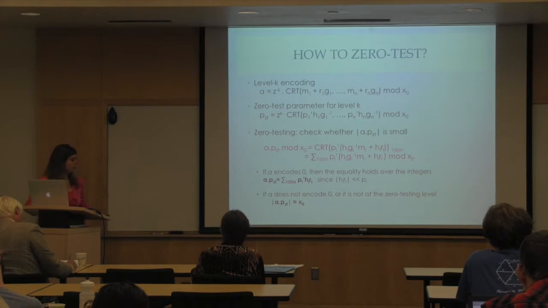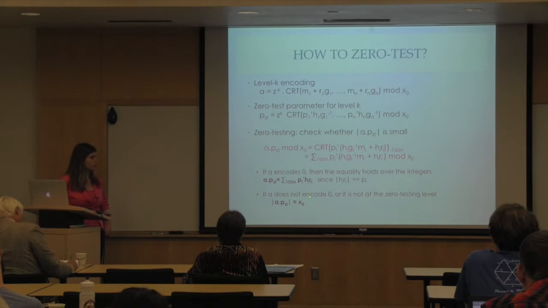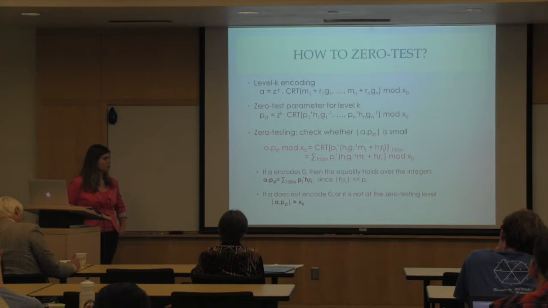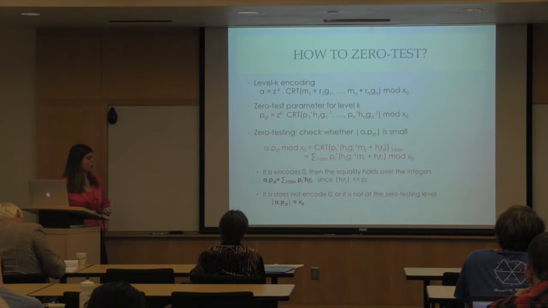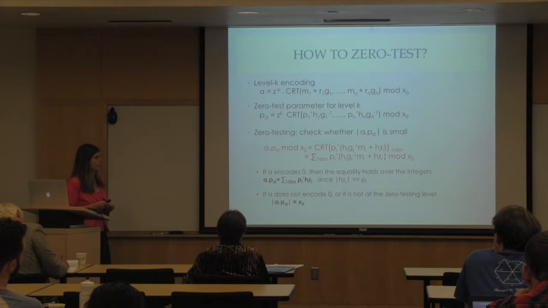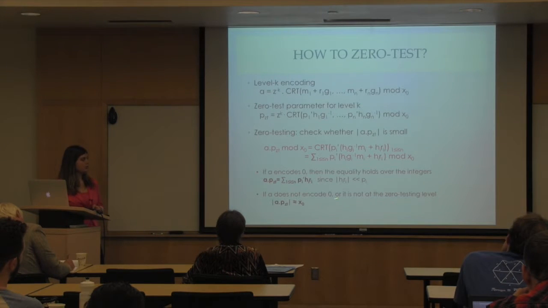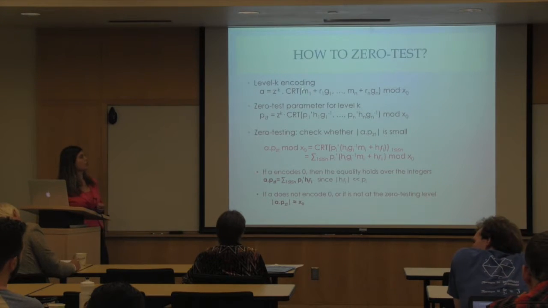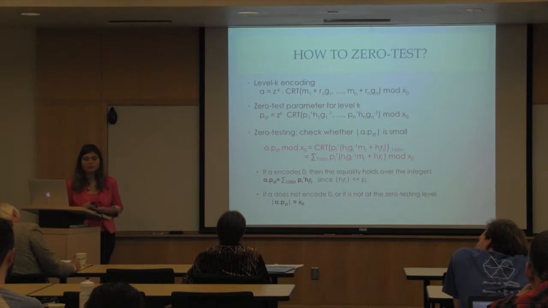On the other hand, if a doesn't encode 0, then this term here doesn't disappear. It's a large term, so the total value of this expression with high probability will be close to the size of our modulus x0. And the same thing will happen if we are trying to zero test an encoding that's not at the appropriate level.